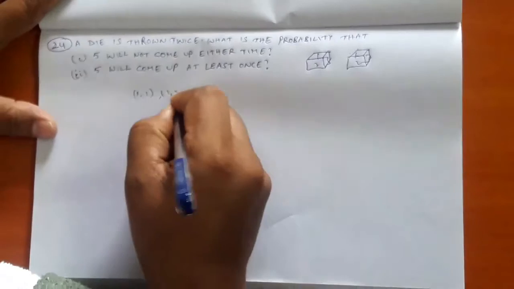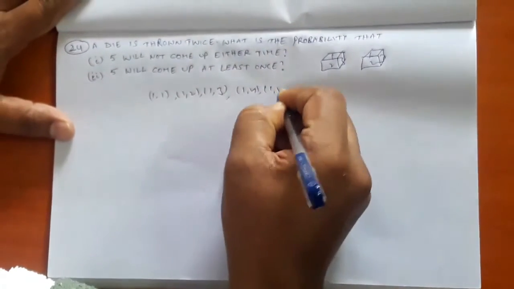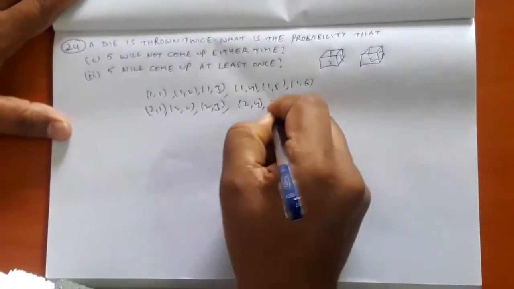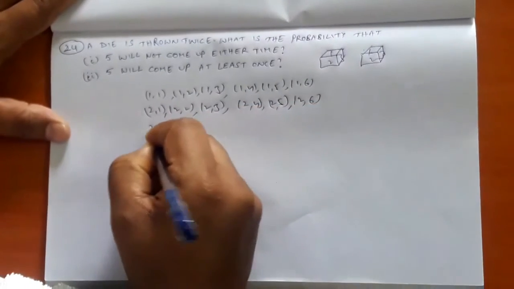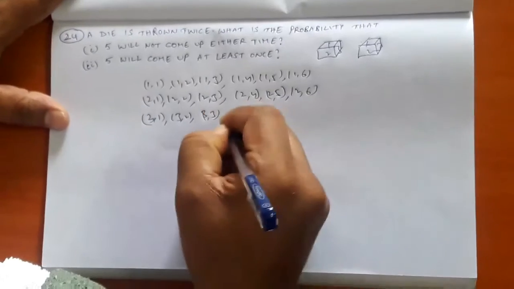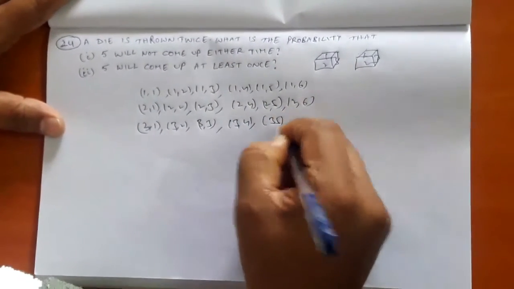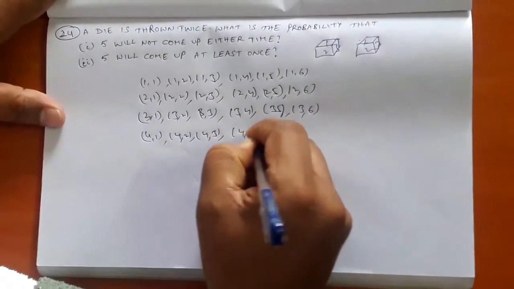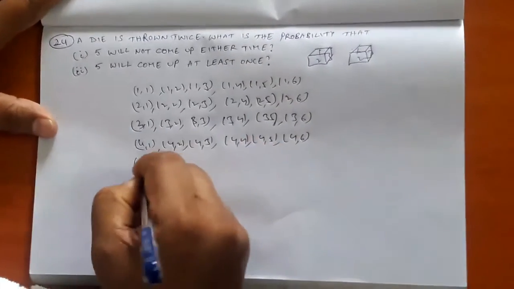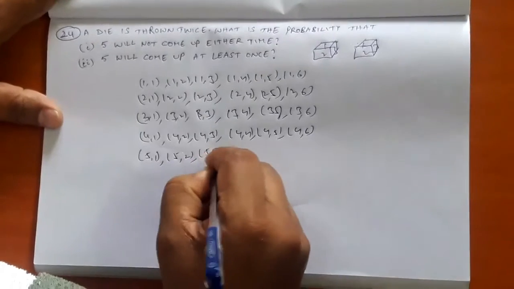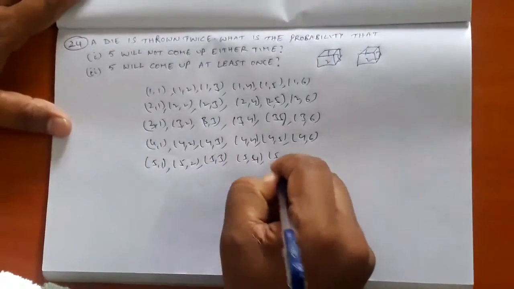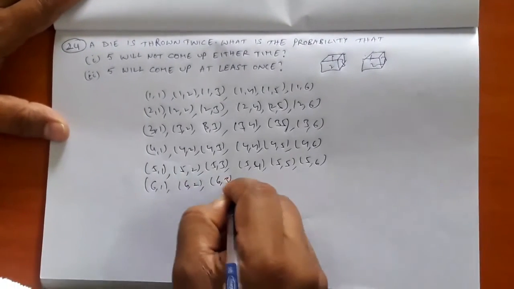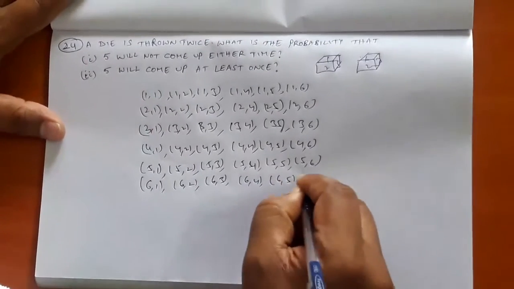Yes, we know: 1 1, 1 2, 1 3, 1 4, 1 5, 1 6, 2 1, 2 2, and so on. 3 1, 3 2, 3 3, 3 4, 3 5, 3 6, 4 1, 4 2, 4 3, 4 4, 4 5, 4 6, 5 1, 5 2, 5 3, 5 4, 5 5, 5 6, 6 1, 6 2, 6 3, 6 4, 6 5, and 6 6.